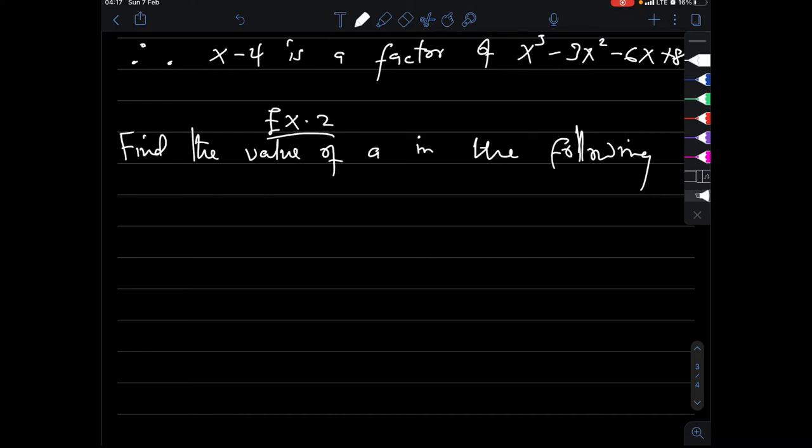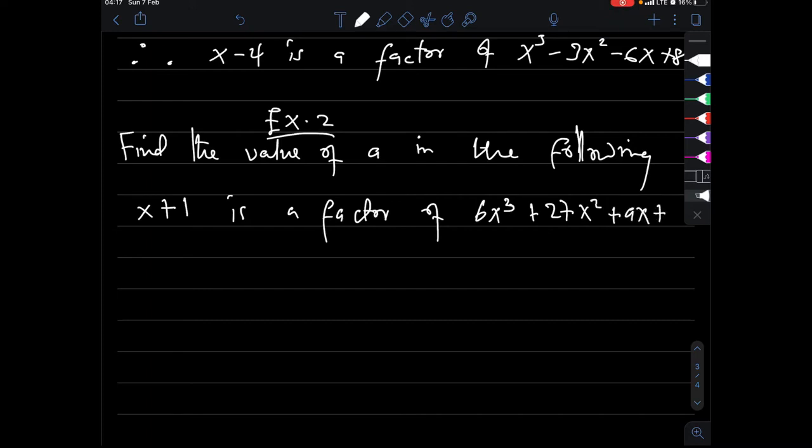Our first case is x plus 1 is a factor of 6x cubed plus 27x squared plus ax plus 8.